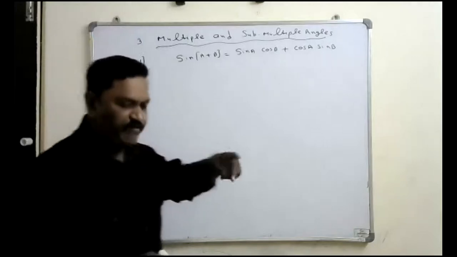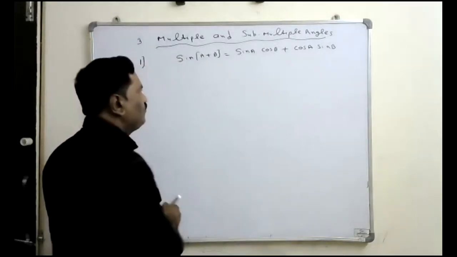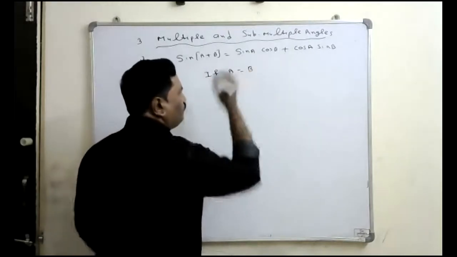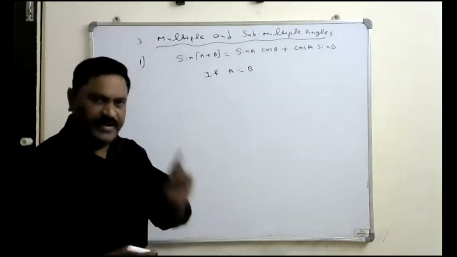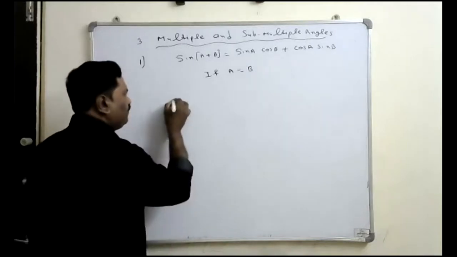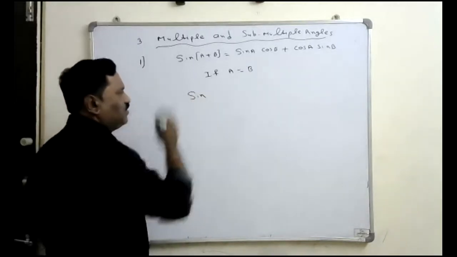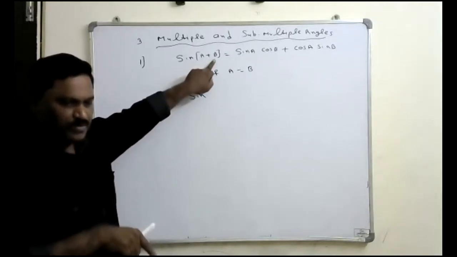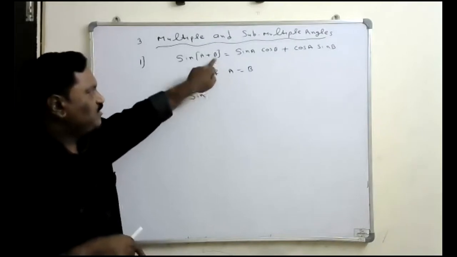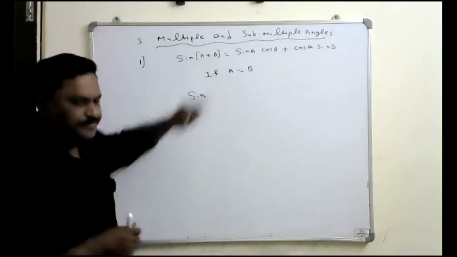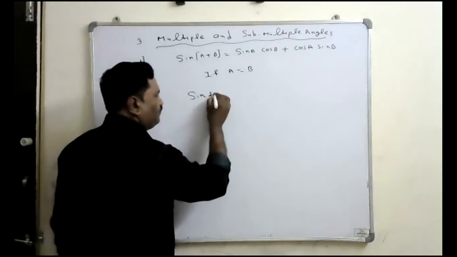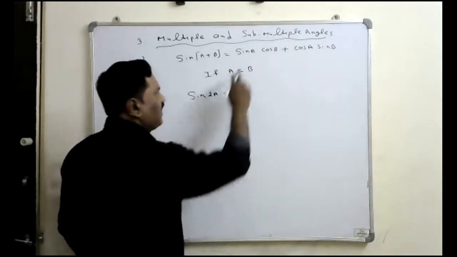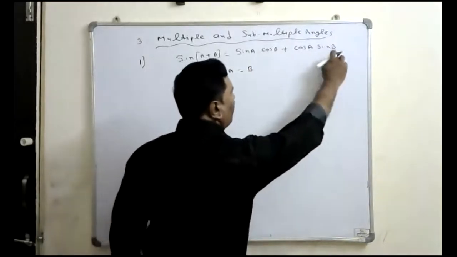Means here we have two different angles. Suppose I take that a is equal to b, means in place of b put a. Then a plus a is 2a. Keeping b equal to a, it is sin a cos a plus cos a sin a.